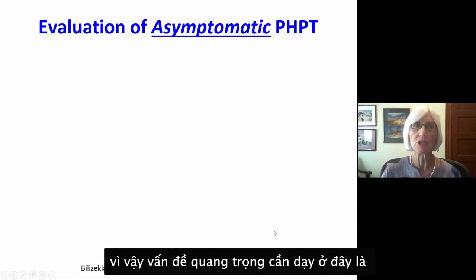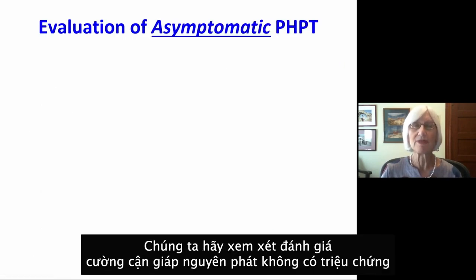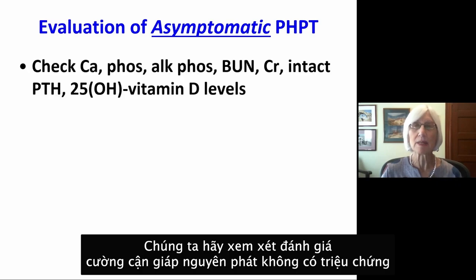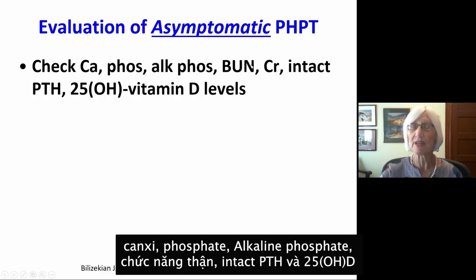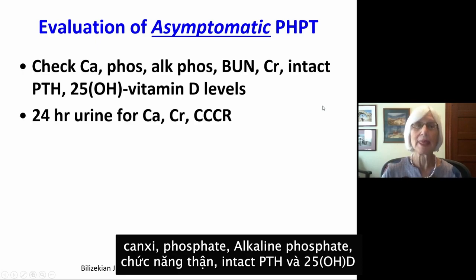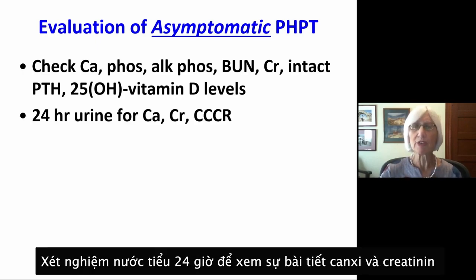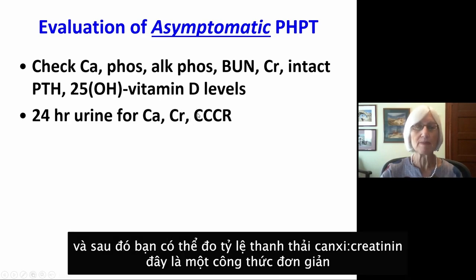So, an important teaching point. Let's go over the evaluation of asymptomatic primary hyperpara. It's important to check all of these things: calcium, phos, alk phos, renal function, intact PTH, and 25D. A 24-hour urine for calcium and creatinine excretion, and then you can measure the calcium creatinine clearance ratio, which is a simple formula.